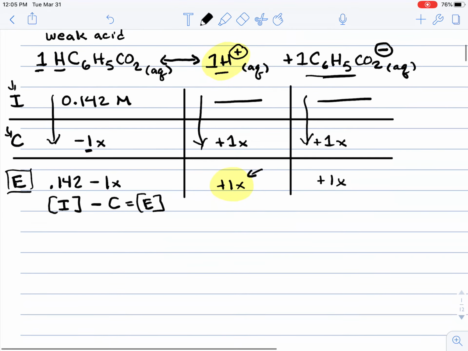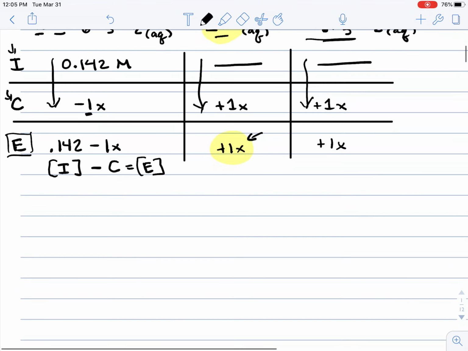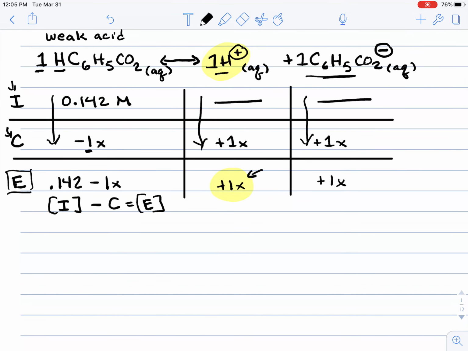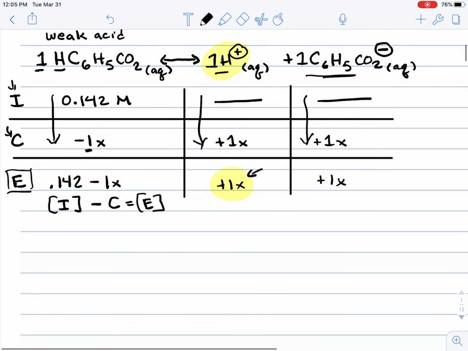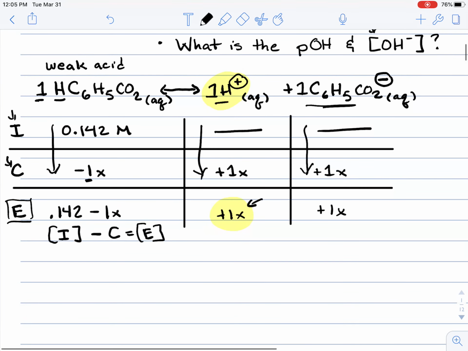And so to do that, what we're going to do is write a mass action expression for this chemical equation. And since this chemical equation is describing the ionization of the acid, we're going to represent that with Ka, right?